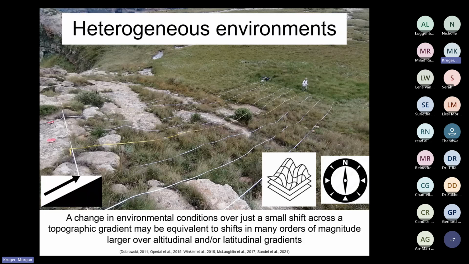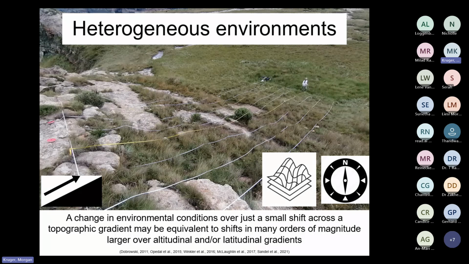A change in environmental conditions over a small shift across a topographic gradient, for example between north or south-facing aspects, may be equivalent to shifts in orders of magnitude larger than over altitudinal or latitudinal gradients. Moreover, at these fine spatial scales, you often have unique landforms and unique topographic combinations of soil characteristics that may comprise microrefugia that allow for the survival of isolated populations under current and future climatic conditions.